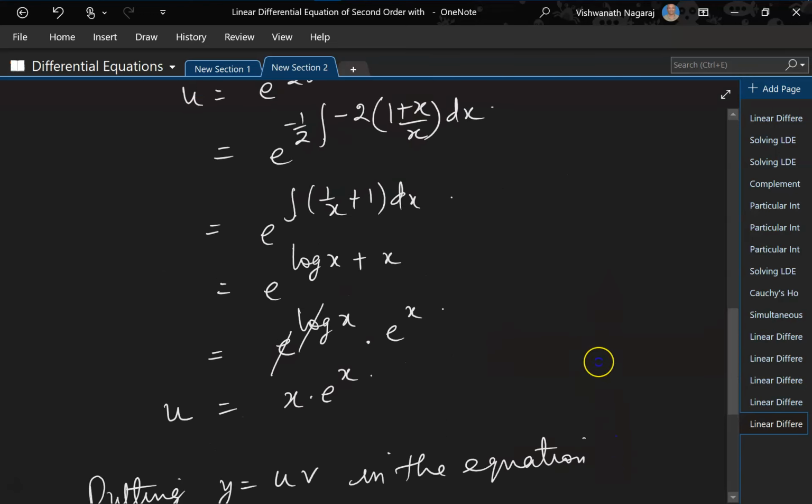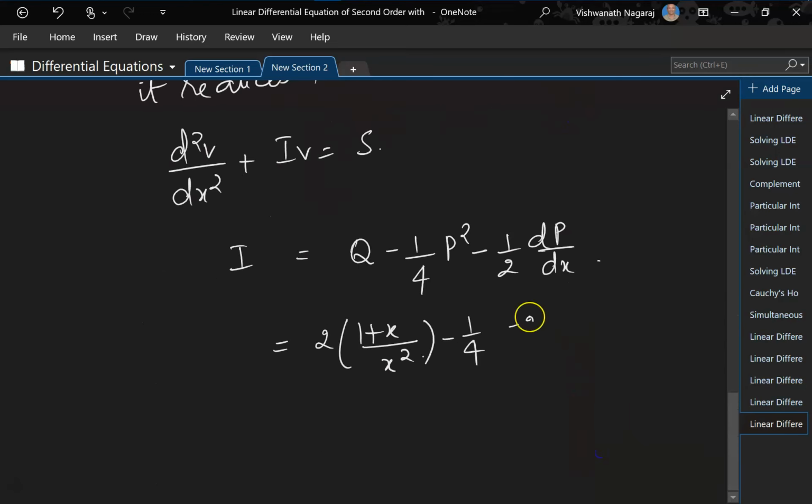So p is minus 2 times (1 plus x) by x, squared. So this whole thing will be q minus the square term, minus half of dp by dx.